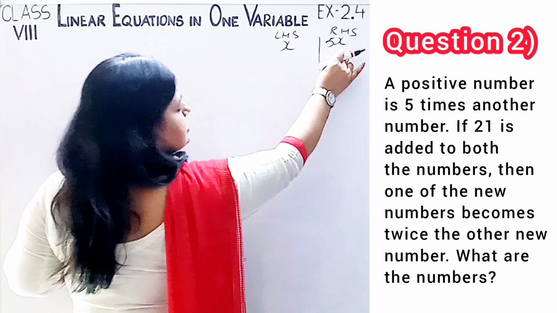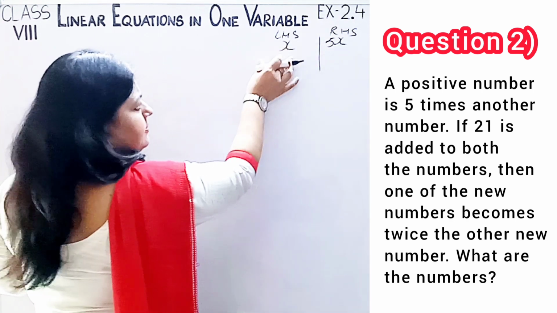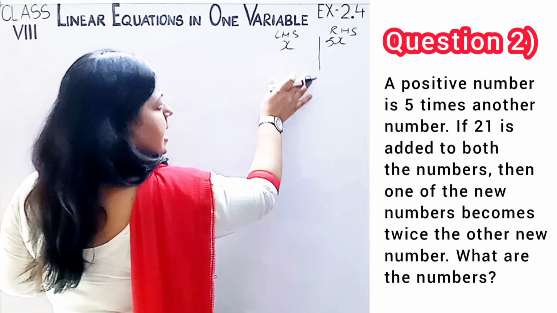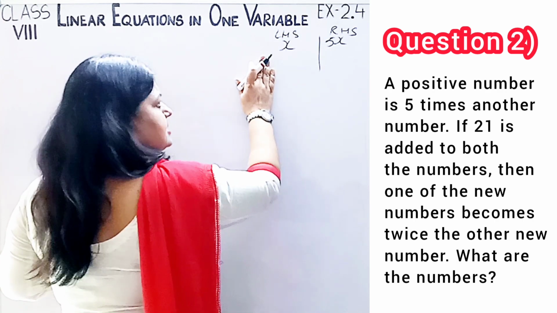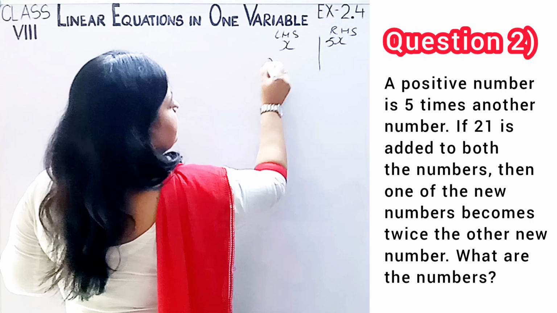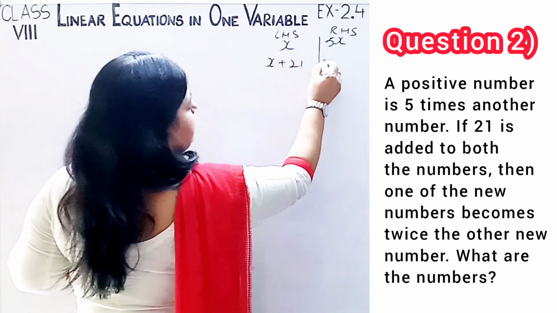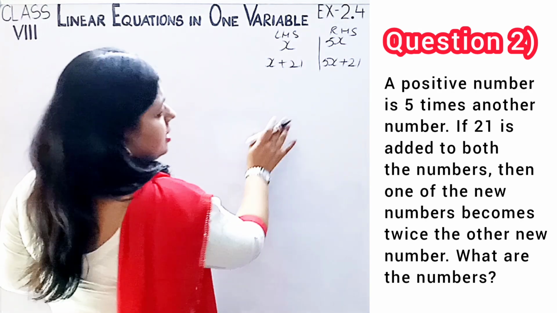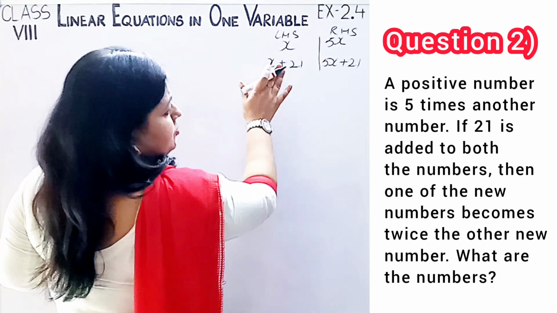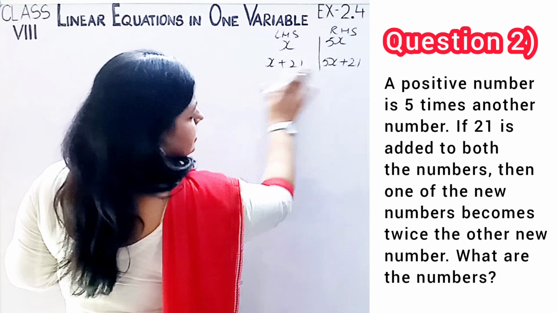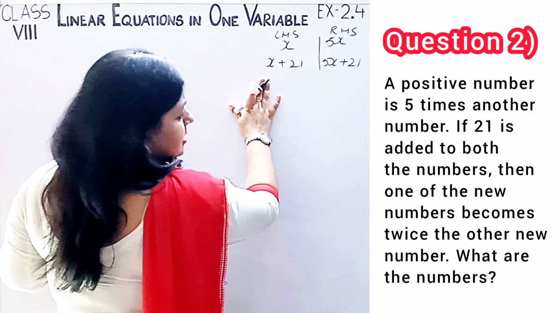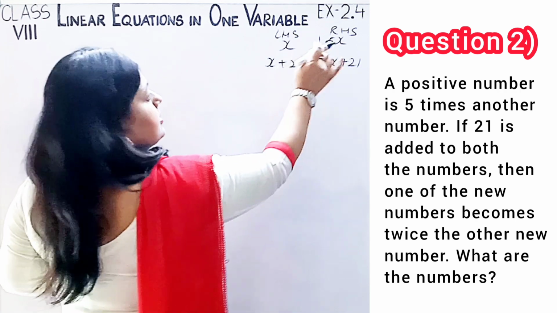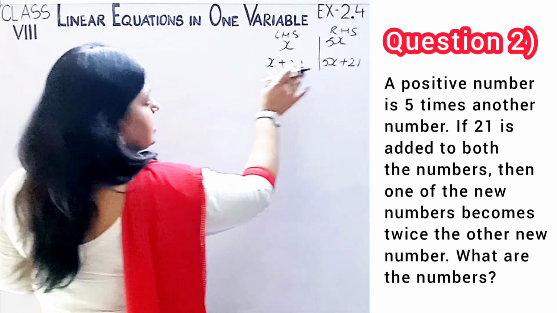If this is left hand side and this is right hand side, then this number is x and this number is 5x. It means right hand side is greater than left hand side. Now the second situation is we have to add 21 to left hand side and right hand side. It means x plus 21 and 5x plus 21. Here, this side is greater than this side.